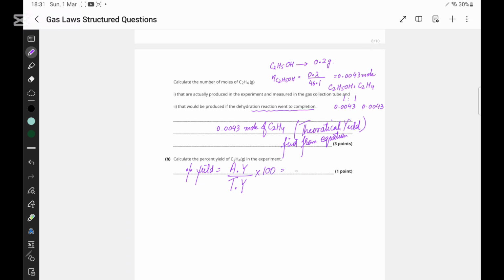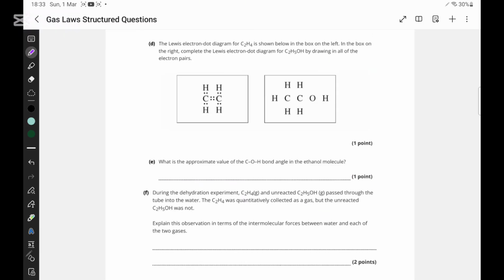So actual yield is 0.00264 divided by theoretical yield, 0.00434, times 100. So it comes out to be 60.8%.